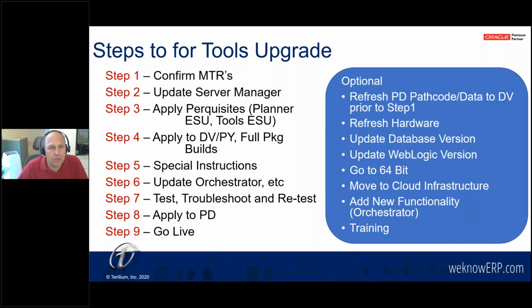You're then going to probably update your Server Manager first, apply all the prerequisites, build your packages in DVPY, do your special instructions, and then update Orchestrator. That's going to get your non-production environment up to speed. Then you're going to spend some time testing, troubleshooting, and retesting where you need to before you repeat those same processes to apply to PD before you go live. Again, there are some optional steps that we do recommend depending on what you're trying to accomplish and what your business case would potentially be.